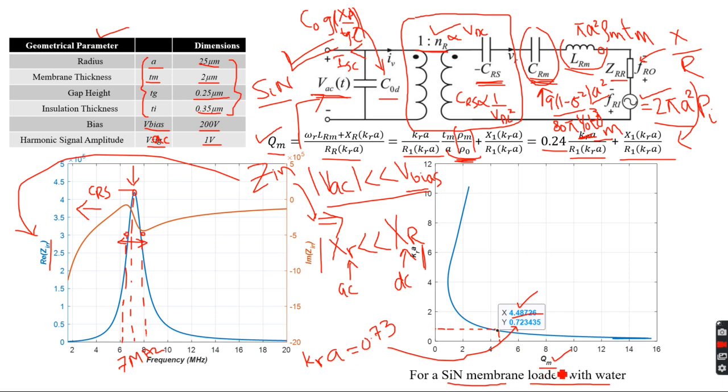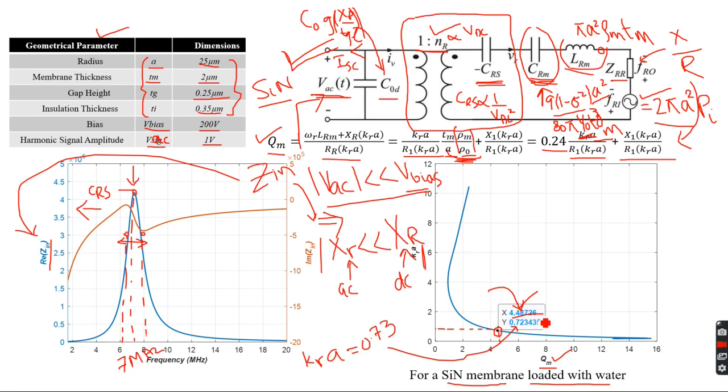You can find the minimum quality factor that you can have. But the point is that we have a fixed geometry. That means we have a fixed A by Tm ratio over here, and the material properties are constant. So we have a single point on this curve, which reflects the quality factor of 4.5.